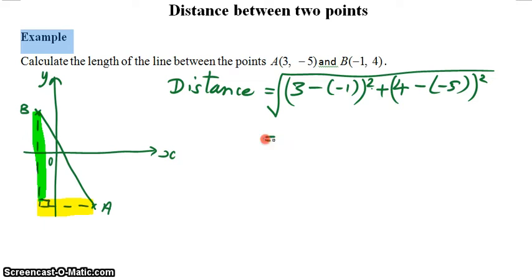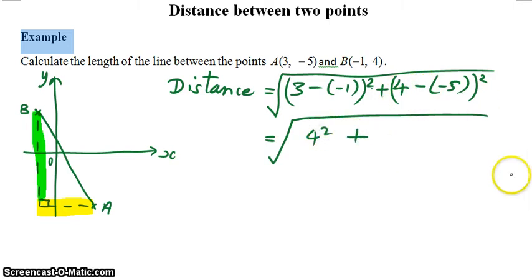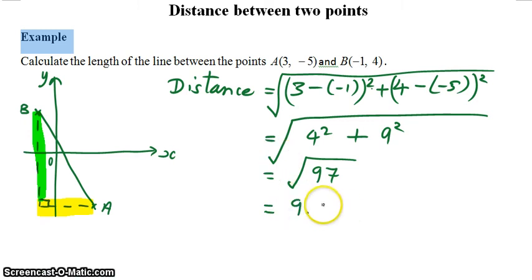It looks a bit messy, but we're looking at the distance being the square root of 3 take away -1, which is 4, and we're going to square that, and we're going to add 4 take away -5, which is 9, and we're going to square that. So we end up with the square root of 16 plus 81, which is the square root of 97, which, if we round off, is 9.8488.